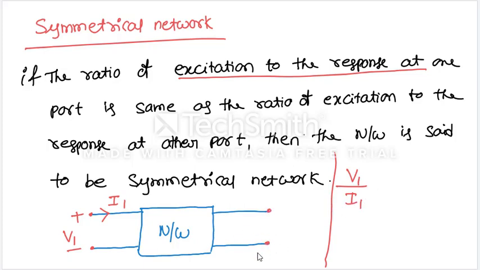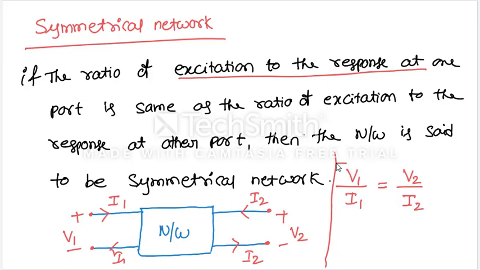Now tell me the ratio of excitation to response at the other port. If this is my V2 and there is a current I2, the ratio of excitation to response at the other port is V2 by I2.